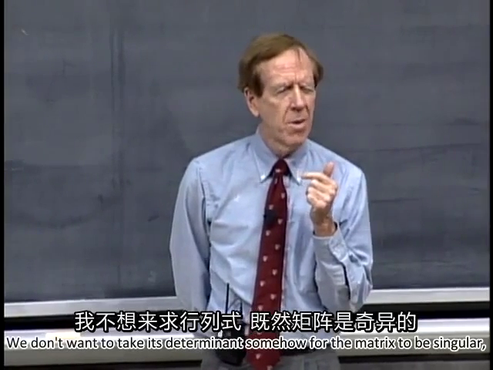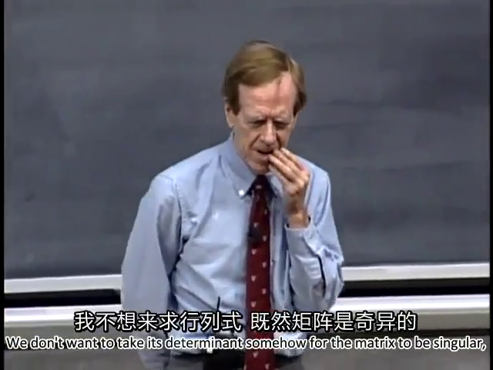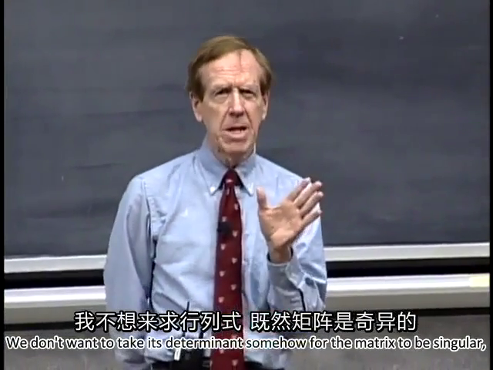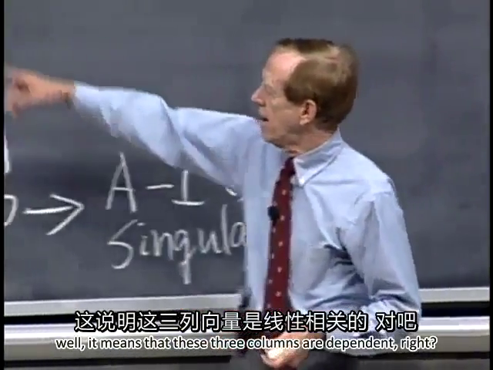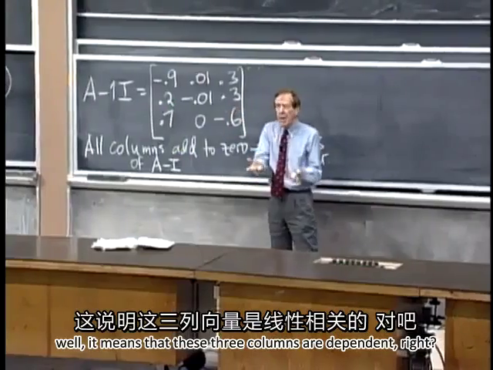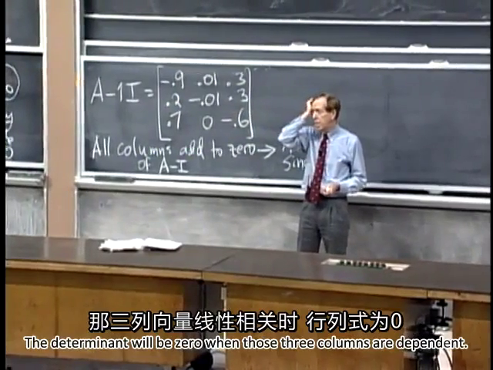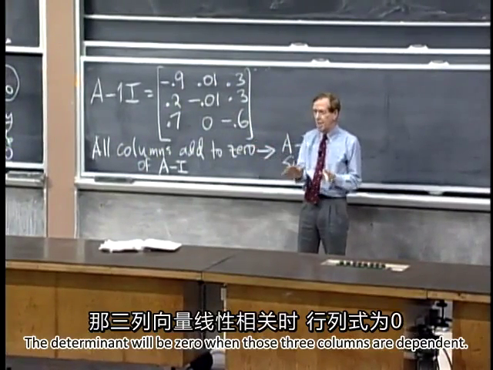How would you do it? We don't want to take its determinant. For the matrix to be singular, it means that these 3 columns are dependent, right? The determinant will be 0 when those 3 columns are dependent.